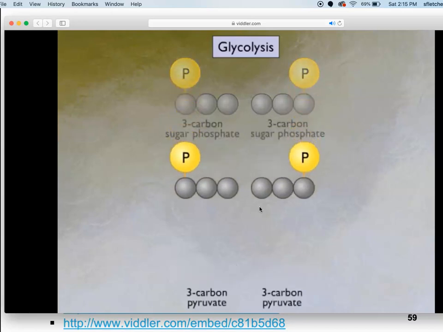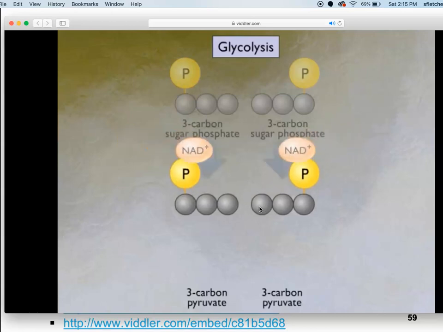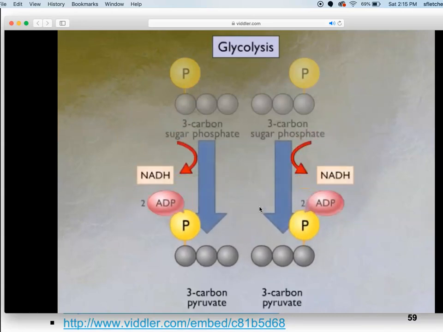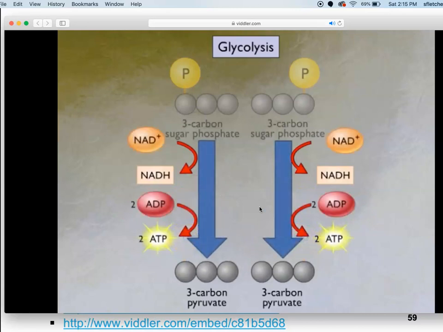Electrons are transferred to the coenzyme NAD+ to form NADH, and ATP is produced. Under aerobic conditions, the pyruvate is further oxidized to yield more ATP, and under anaerobic conditions, the pyruvate is converted into lactic acid.